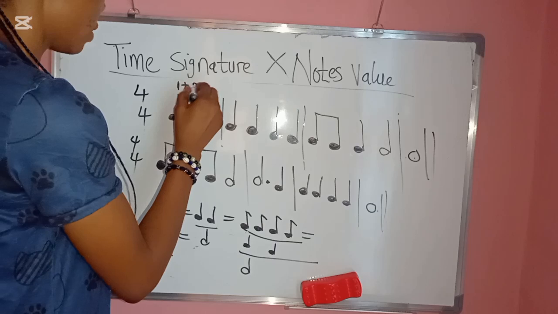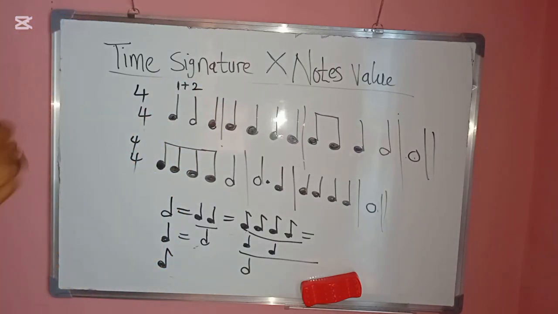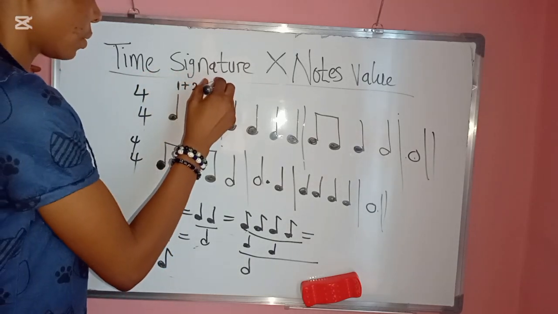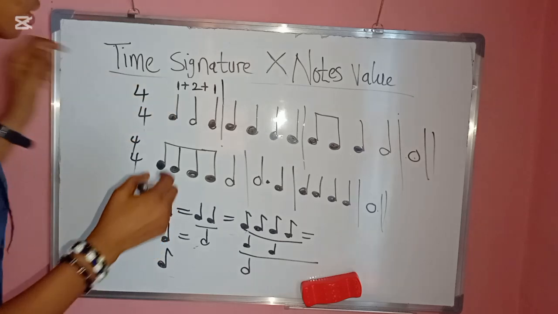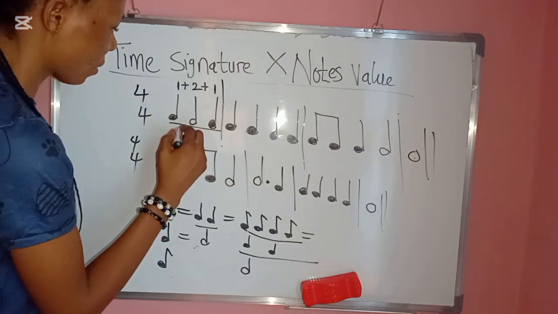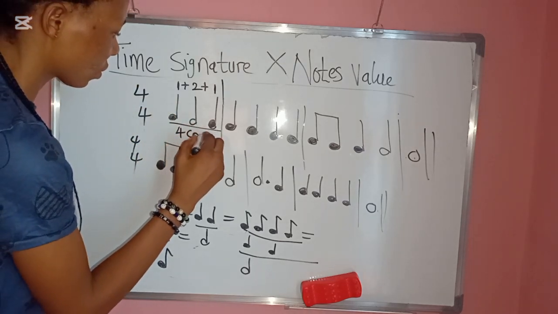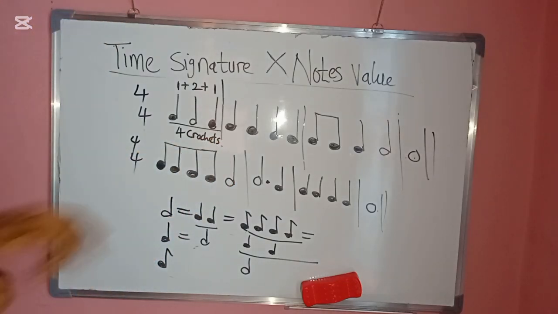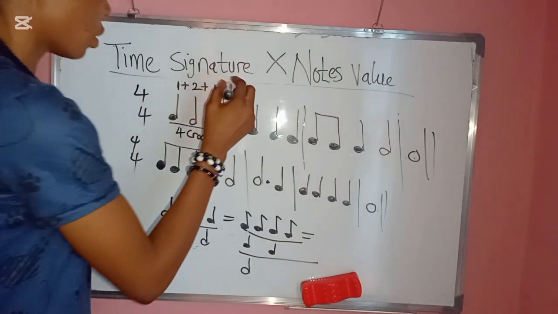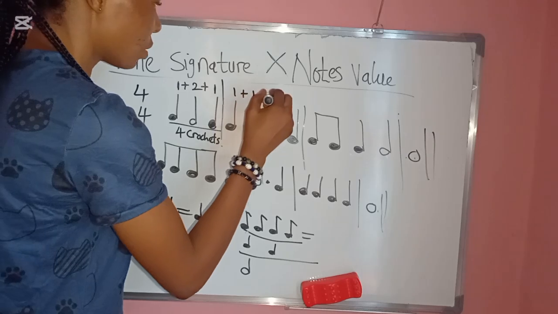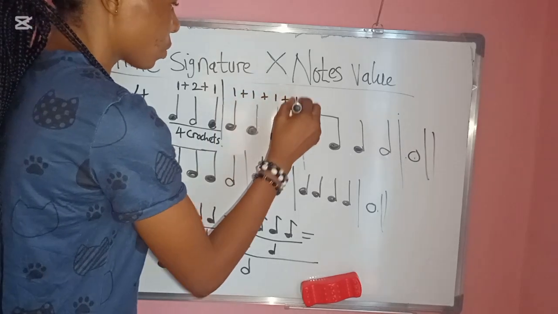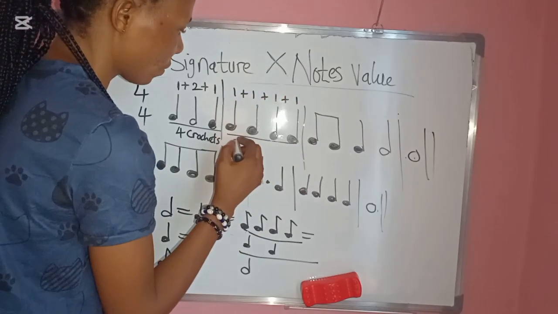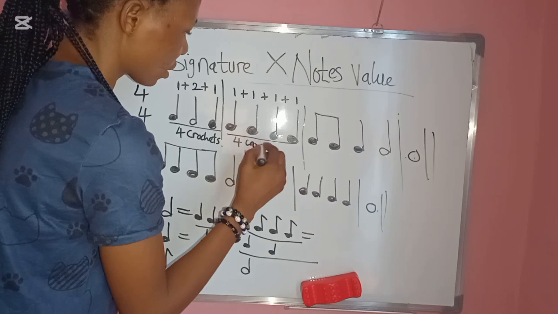So that means here we have 2 crochets and another 1 crochet. So how many is this? So now we've gotten our 4 crochets here. Now this one we can see that it's 1 plus 1 plus 1 plus 1. So we've gotten our 4 crochets in.